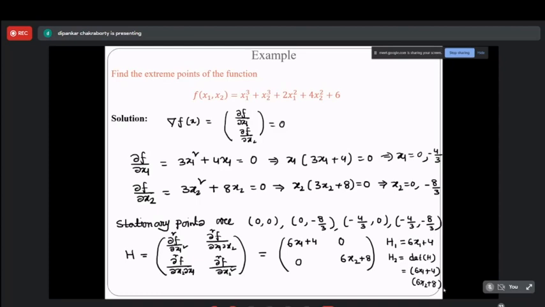Is it okay? Now we are going to find the sign of H1 and H2 for different stationary points: (0, 0), (0, minus 8 by 3), (minus 4 by 3, 0), and (minus 4 by 3, minus 8 by 3).